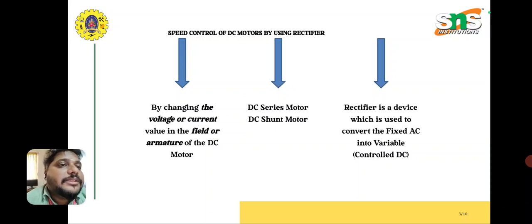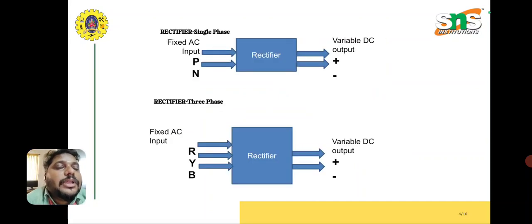The third point is the rectifier. A rectifier is a device which converts fixed alternating current into variable DC. So, an introduction to the rectifier: it has two types, one is single phase, another is three phase. Both are mainly designed for converting AC into DC. In the single phase case, the input is nothing but the single phase supply, that is phase and neutral.